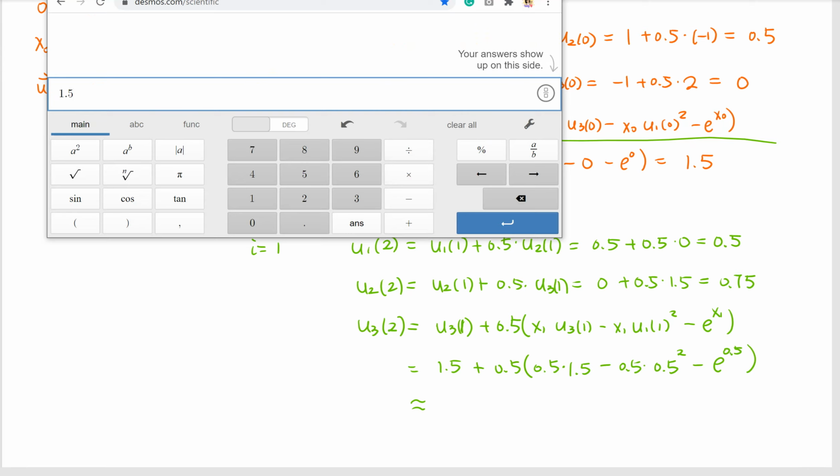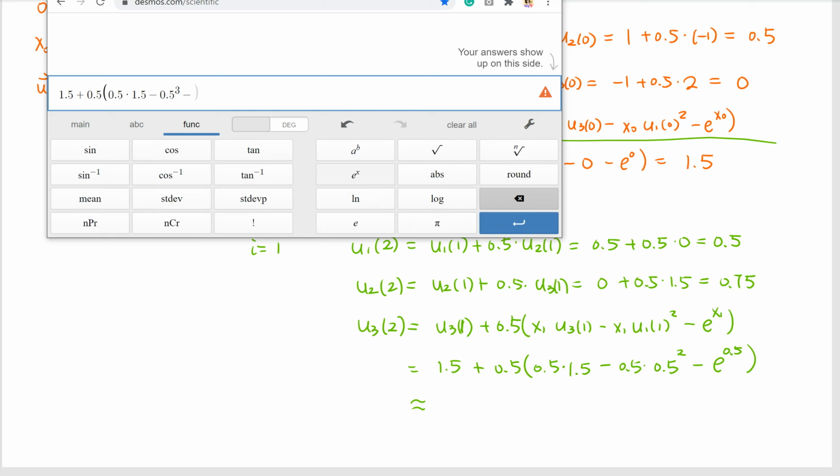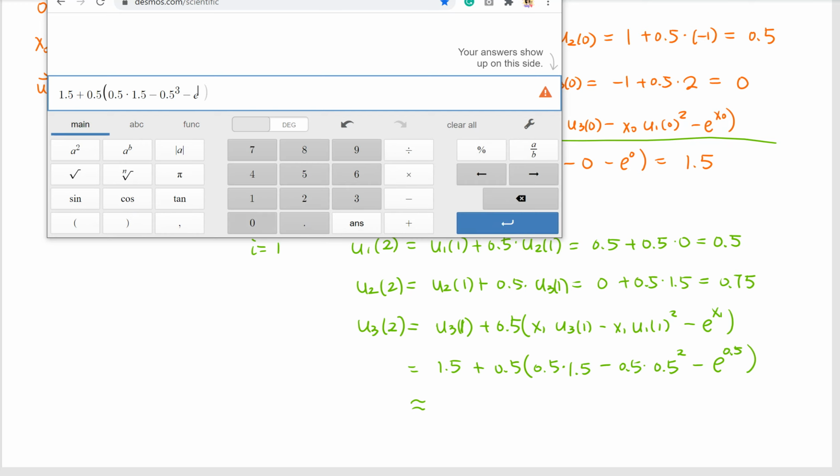(1.5) plus 0.5 times 0.5 times 1.5 minus 0.5 cubed, right? Cubed, and then minus function e to the 0.5.